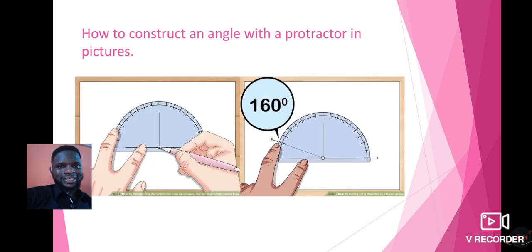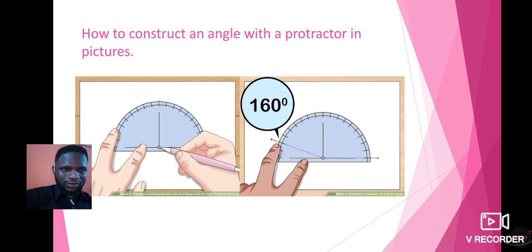Okay, this is just a step-by-step on how to construct an angle with a protractor, the same way you saw it in the video. So I'm not going to leave this for long. It's very important. It's showing us that the center of that protractor needs to coincide with the point A of your line.